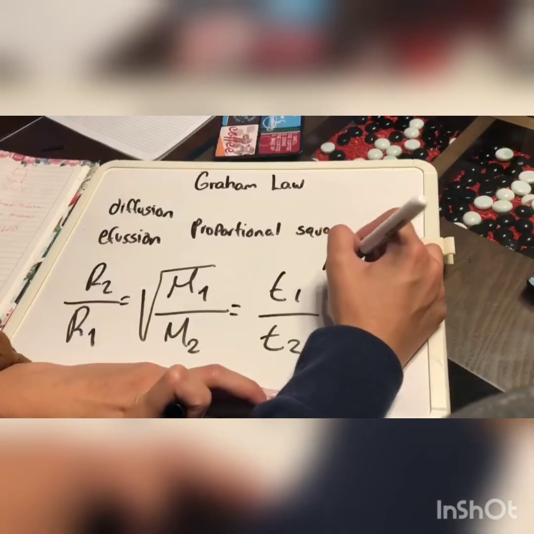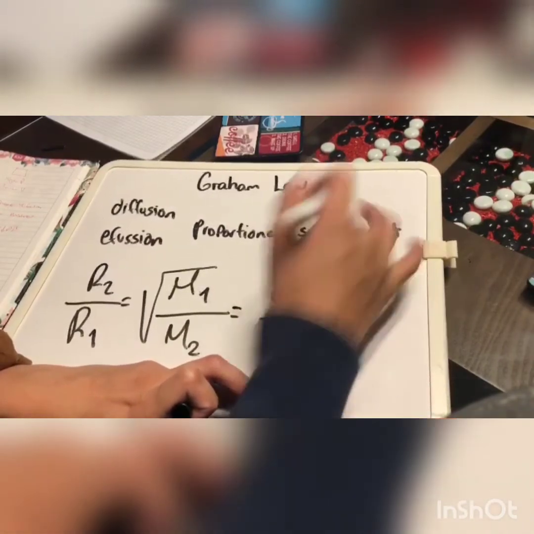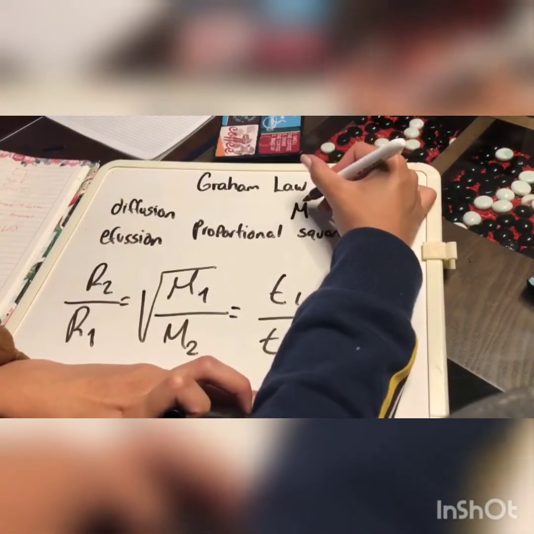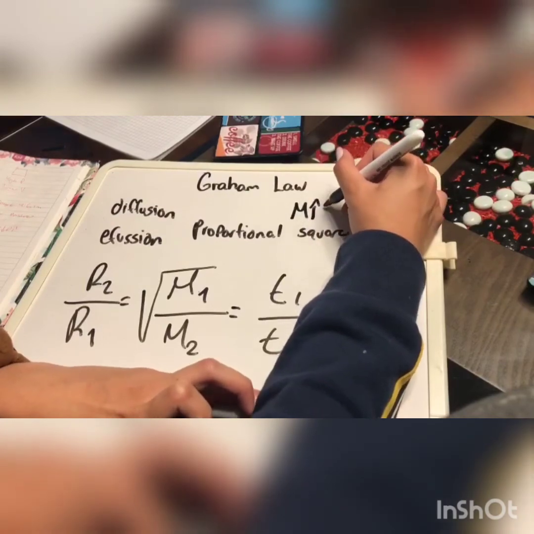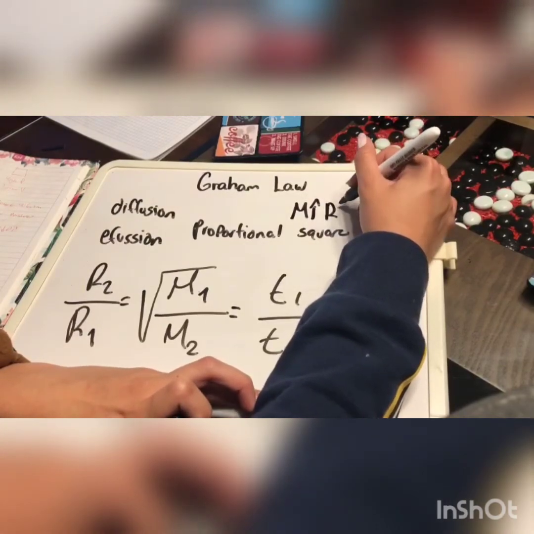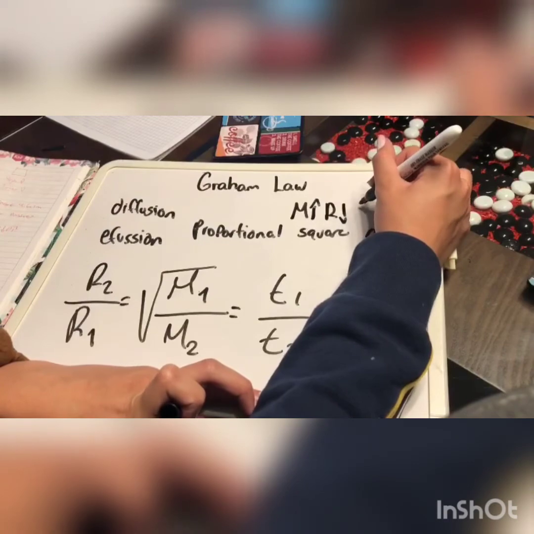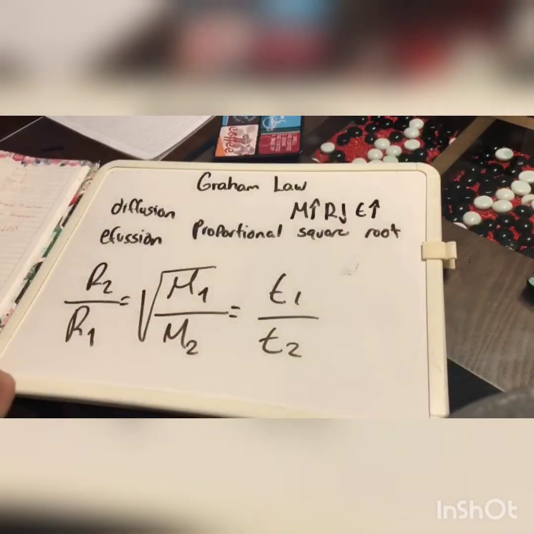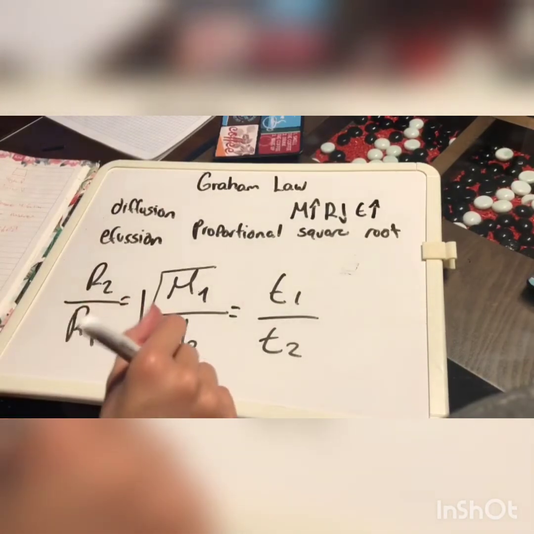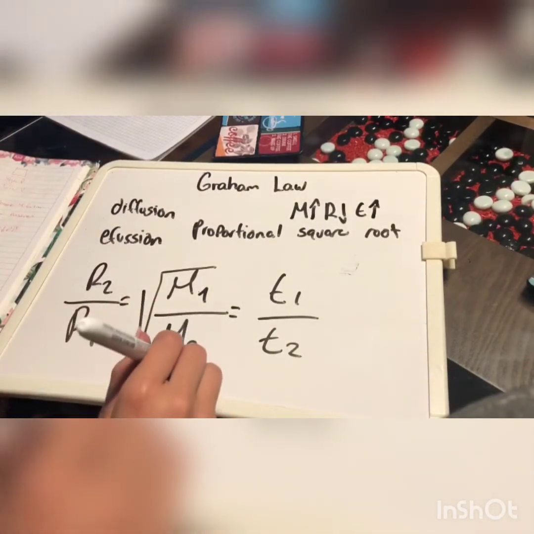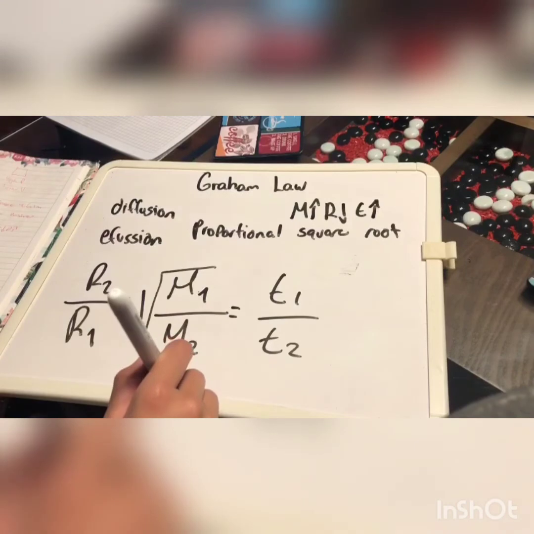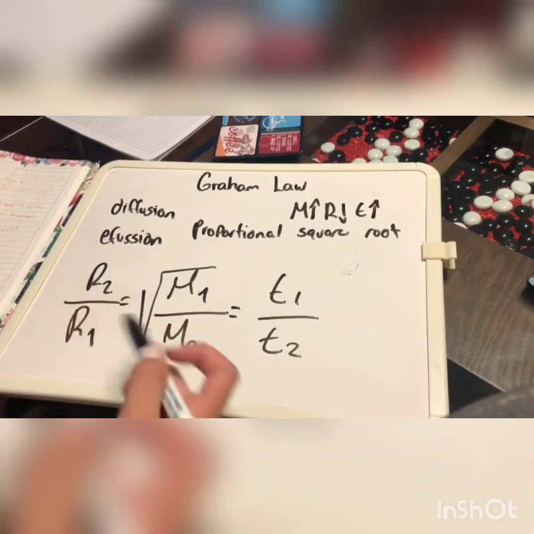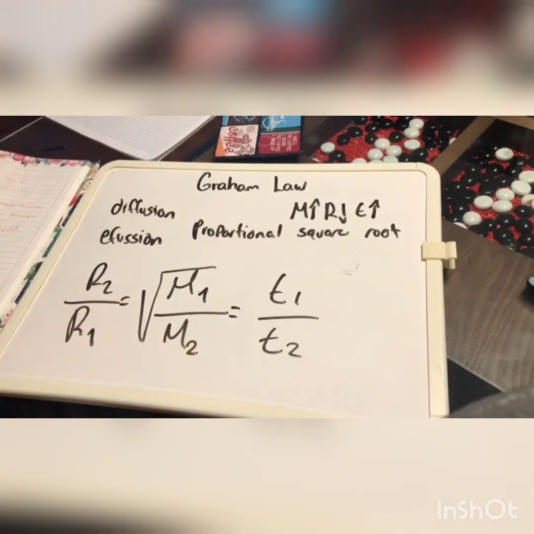We can say that if M, that is molar mass, increases, R will decrease and the effusion will increase. This law was invented by Thomas Graham in 1848, and now we are going to do an exercise for practicing.